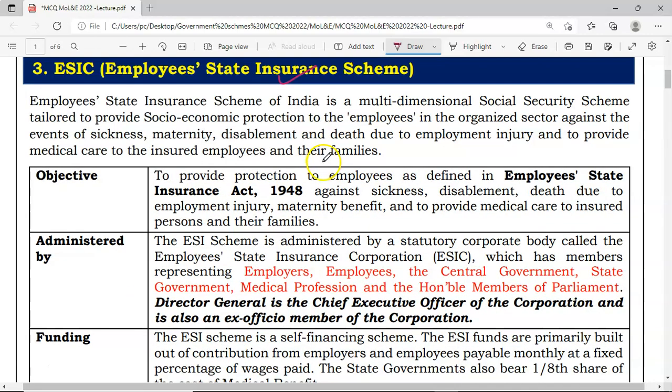First, the Employee State Insurance Scheme of India is a multi-dimensional social security scheme, tailored to provide socio-economic protection to employees in the organized sector against sickness, maternity, disablement, and death due to employment injury, and to provide medical care to insured employees and their families. So it is an insurance scheme.